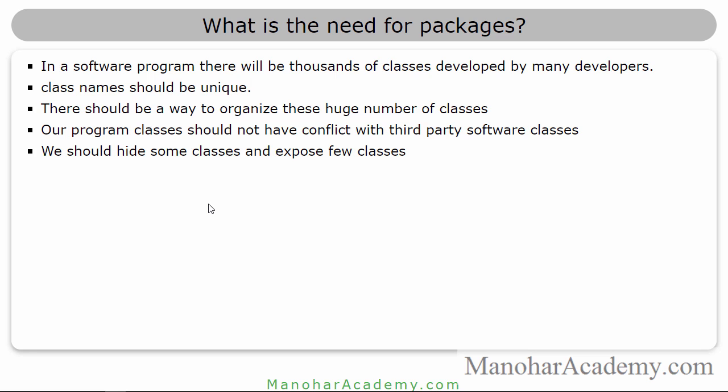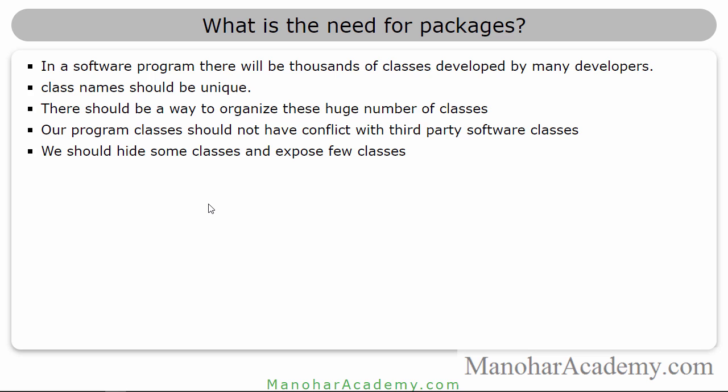So also there should be a way to organize this huge number of classes into different modules. So the names across modules should not clash. Also, the classes inside a particular module should be working together, but they need not work very closely with the classes in another module, but they should be working very closely within a module.